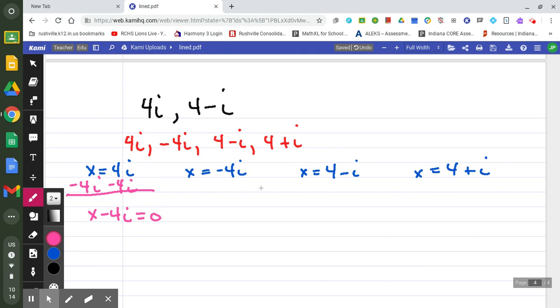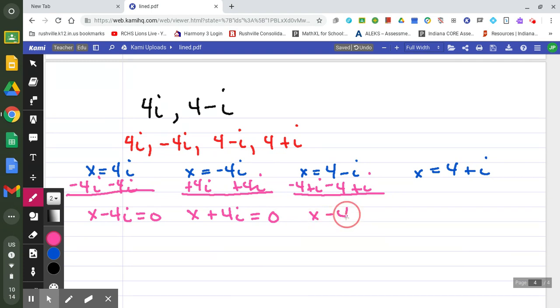And on this one, I'm going to do plus 4i. So x plus 4i equals 0. Then here I need to do minus 4 plus i. So x minus 4 plus i equals 0.